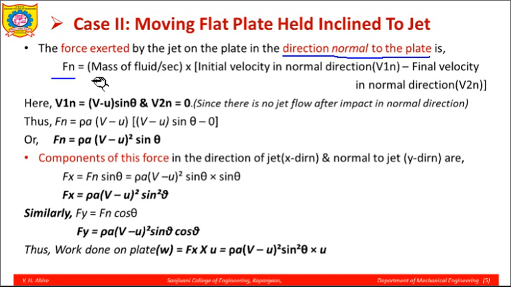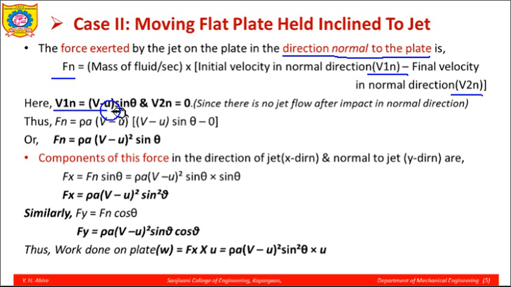The force Fn is equal to, this is the impulse momentum equation applied in the normal direction of the plate, mass of fluid per second multiplied by initial velocity of jet in normal direction, that is V1n, minus final velocity of jet in normal direction, that is V2n, where V1n is nothing but (V minus u) sin theta and V2n is 0.